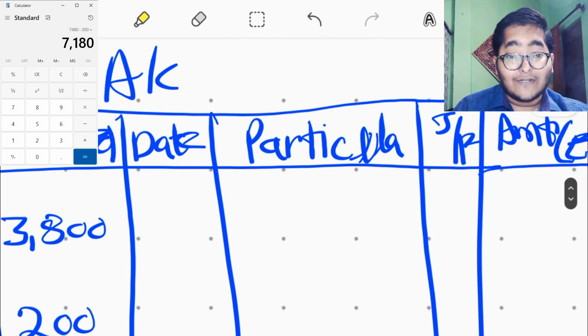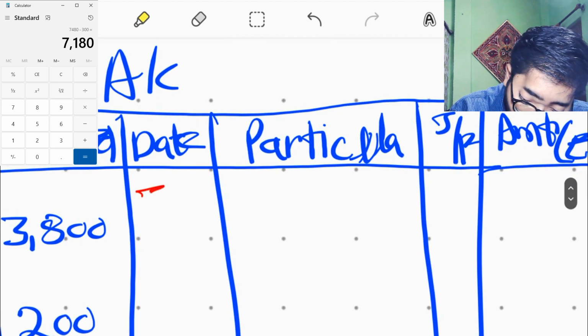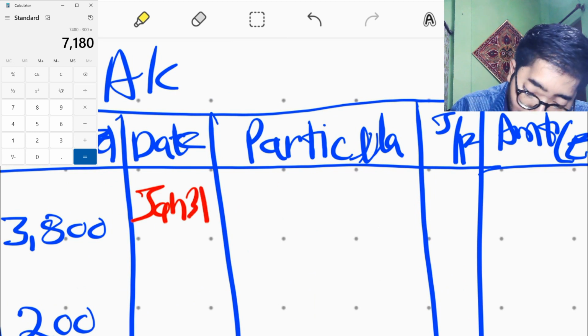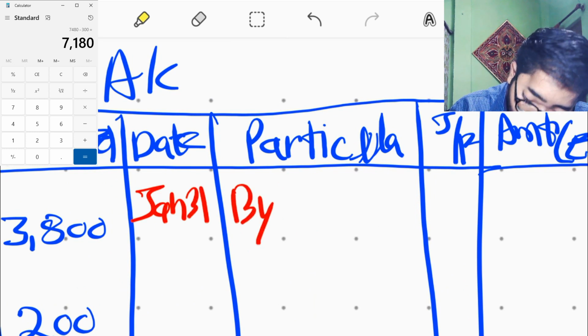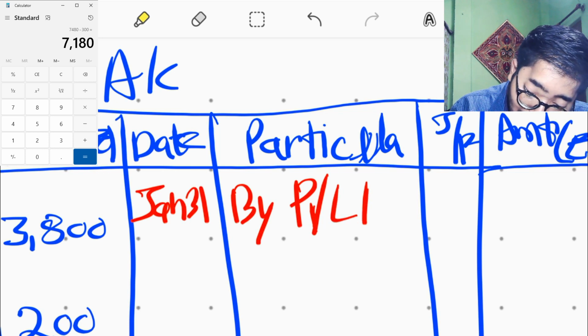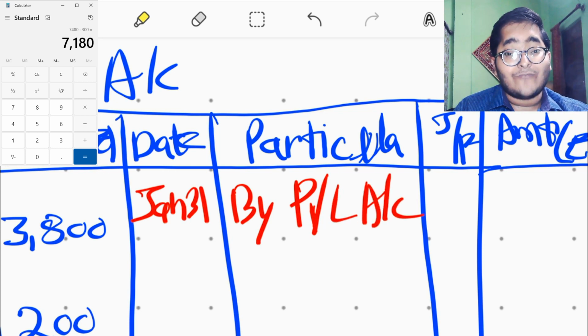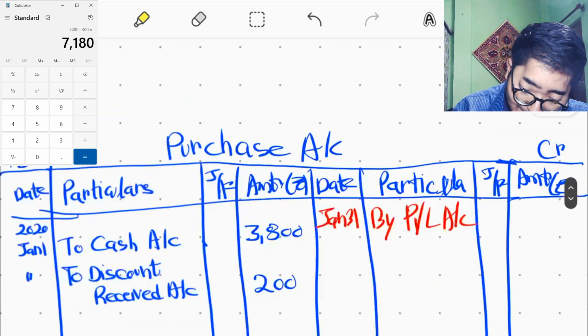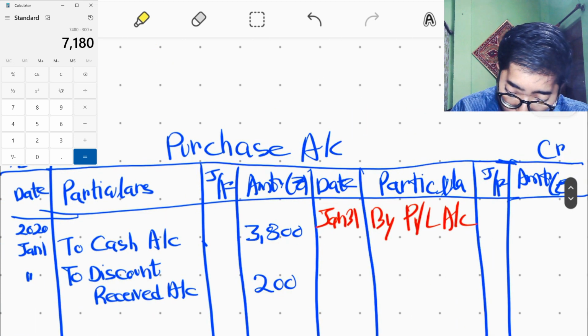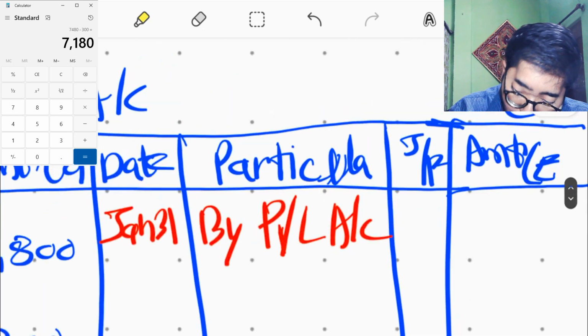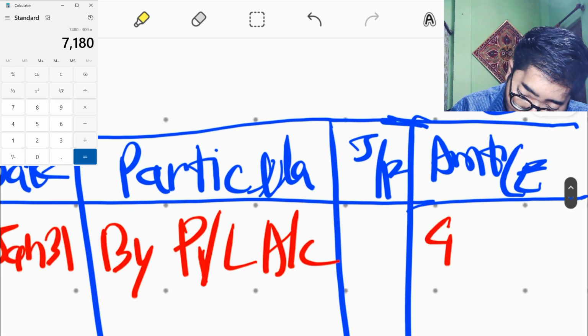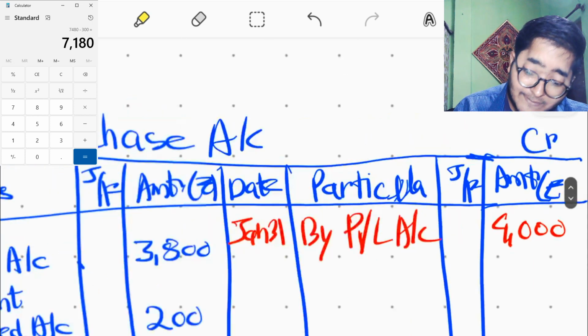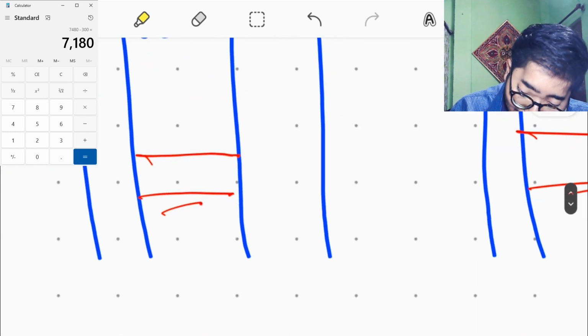Purchase account is a nominal account, and that is why on the closing date it should be transferred. We make an account at the end, that is a trading account. In the trading account we write up the purchases. So the purchase is for 4,000 rupees. The closing or balancing is done.